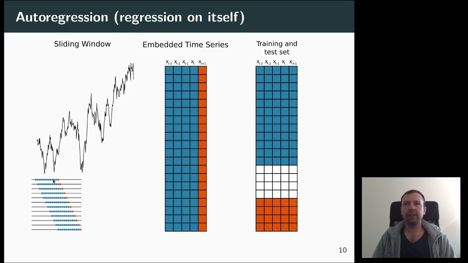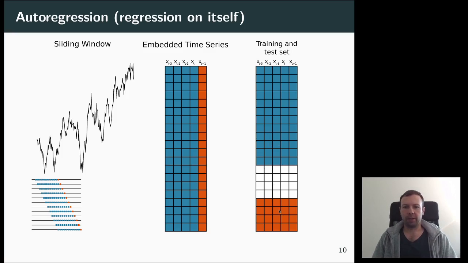We're basically sliding a window over the time series, taking what we see here as blue dots as inputs and the orange dots as outputs. Obviously we can just stack that together and we get this embedded time series matrix. Now we just use our favorite regression technique from machine learning to train a model.